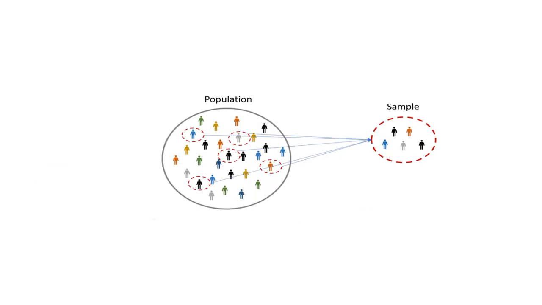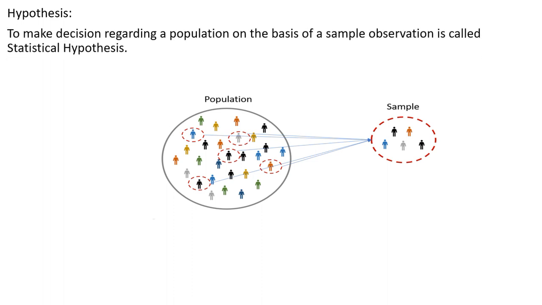Okay, in this lecture series, this is the fourth video, and today I'm going to start a new topic. The name of the topic is hypothesis, testing of hypothesis. To make a decision regarding a population on the basis of a sample observation is called statistical hypothesis.